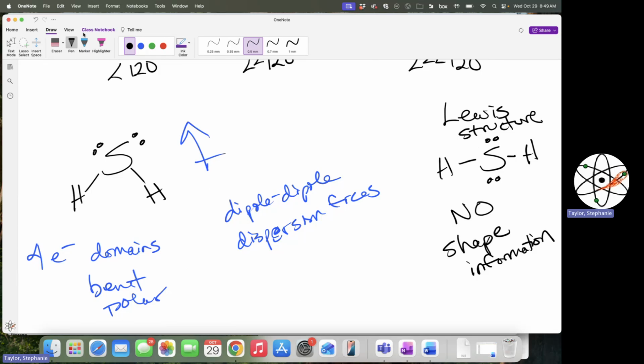So if all you had to do is go off of a Lewis structure, we'd still go ahead and say, well, this has 1, 2, 3, 4 electron domains. So since it has 4 electron domains and 2 lone pairs, this is actually bent. Therefore, it's polar. I know it doesn't look like it's polar. That's because I drew it like a Lewis structure, and the Lewis structure does not give shape information.